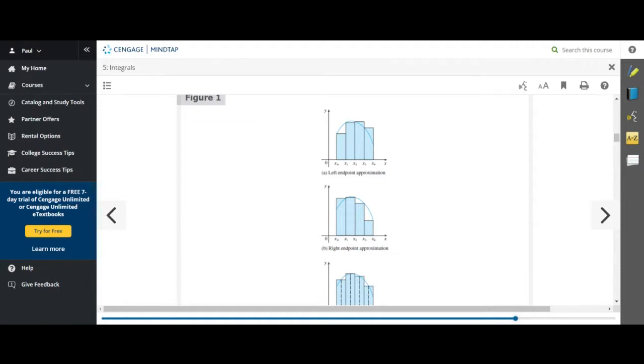There are 4 rectangles, and how are the heights of the rectangles being determined? Well, if you look at every little interval, you have 4 intervals, x sub 0 to x sub 1, x sub 1 to x sub 2, x sub 2 to x sub 3, and so forth. For each of these little subintervals, which endpoint determines the height? The endpoint on the left or the endpoint on the right in figure 1a?